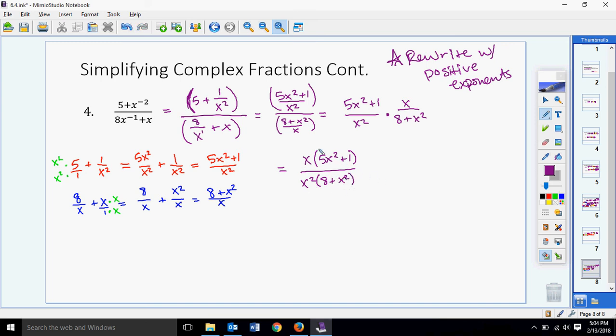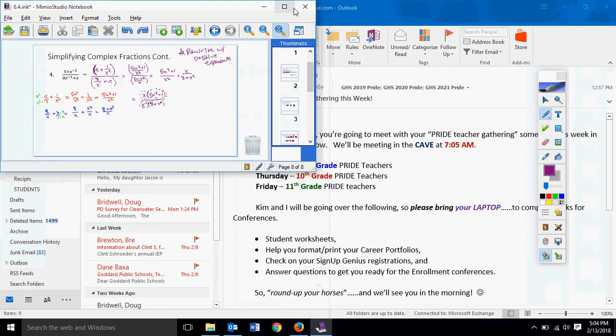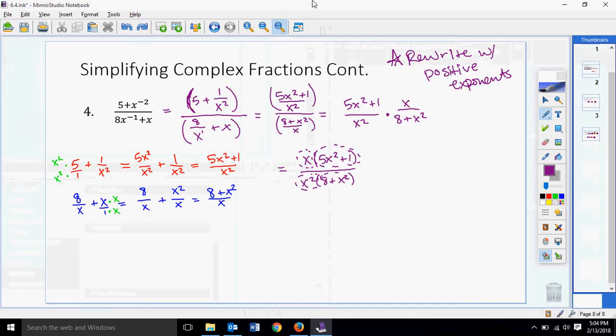Oh, I noticed that my numerator is two things being multiplied. Okay, so the x is being multiplied by this entire parentheses, and same thing down here. So this is an instance where I can cancel. Everything's being multiplied. So what cancels? Well, the 5x squared plus 1 doesn't match with anything in the bottom, and same with the 8 plus x squared.